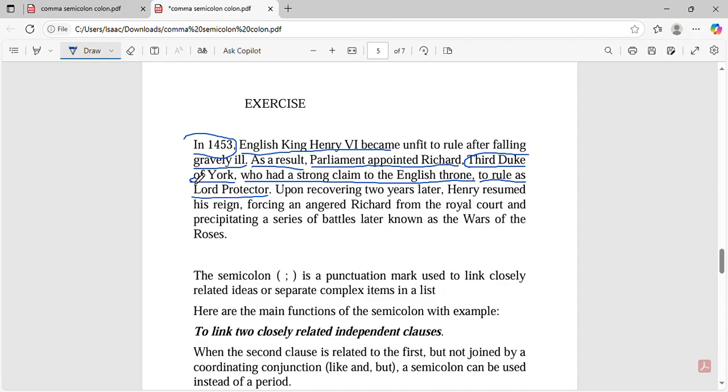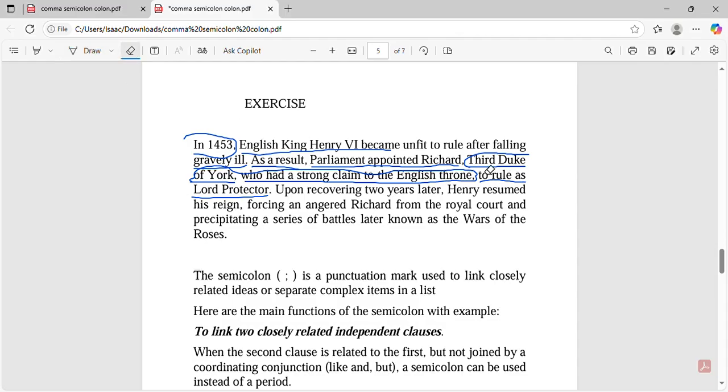If you take away all of that, your main clause will still stand. So your main clause will simply be: Parliament appointed Richard to rule as Lord Protector. That is your main clause. Every other thing in between is just giving us more information, just modifiers or qualifiers. The first modifier we have is an appositive phrase, and then we have a relative clause, and you can see how the commas are used to cut all of these various structures.